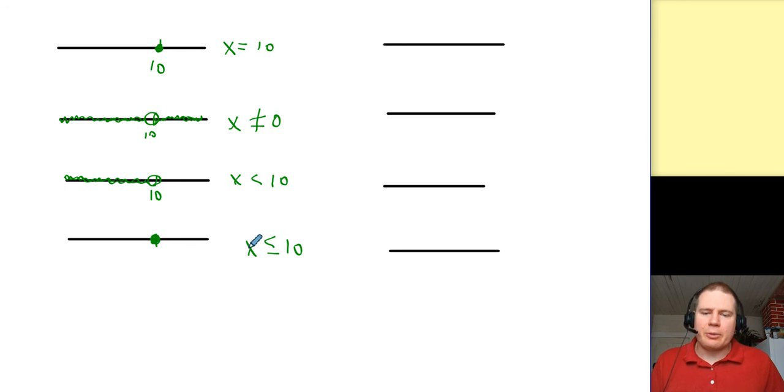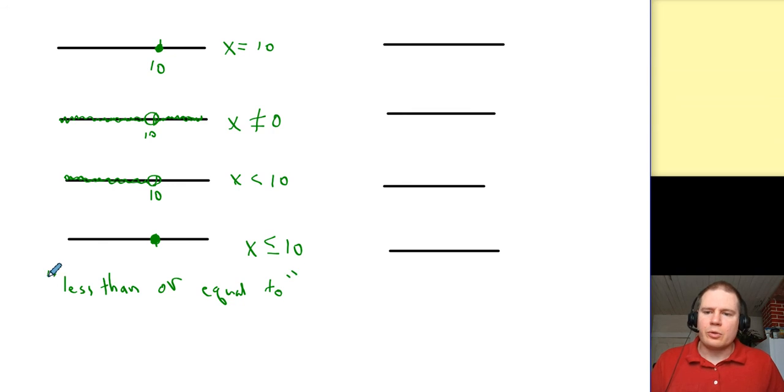Is 9.3 less than 10? Yes, it is. Is 9.3 equal to 10? No, it's not. But that's why we don't say less than and equal to. You can't be both less than and equal to some other value, but we can be less than or equal to.